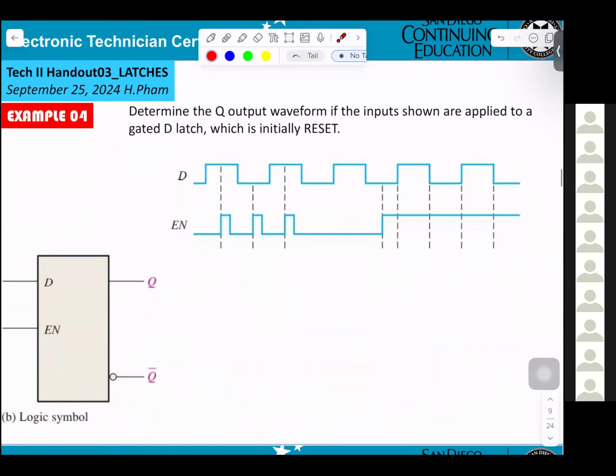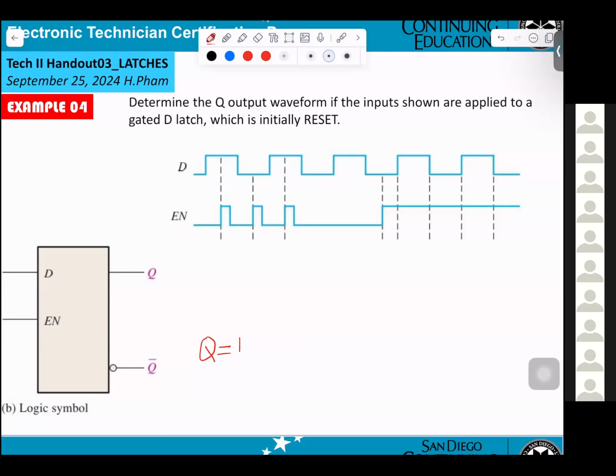If you're looking at that one, one thing we know: Q follows D when enable, otherwise Q no change.